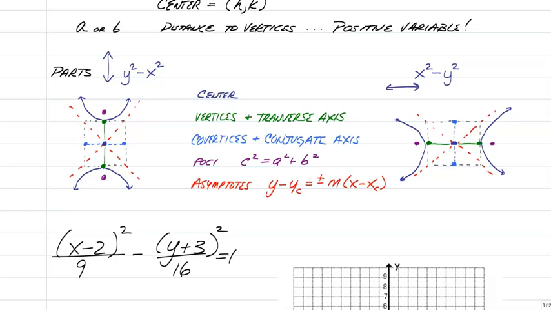And then you have foci, which in an ellipse had to be inside, so it was a squared minus b squared, because they had to stay inside of the ellipse. In a hyperbola, it's a squared plus b squared because you have to get further away from the center to get into the hyperbola.